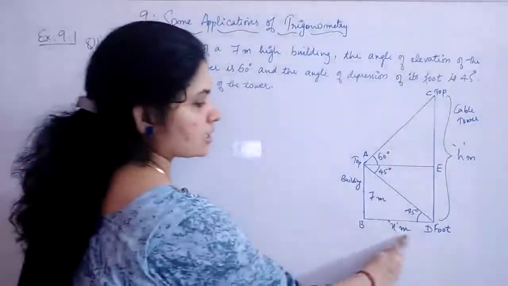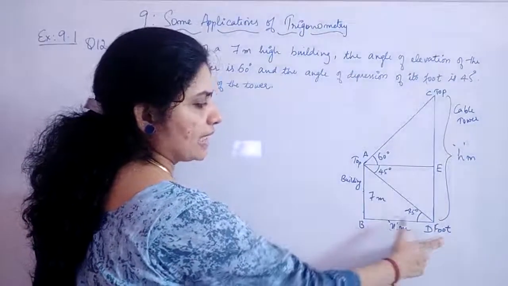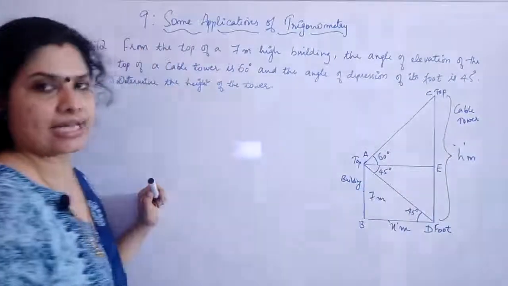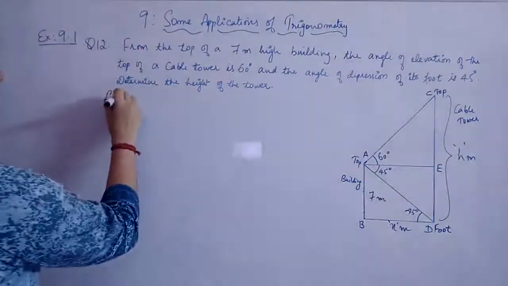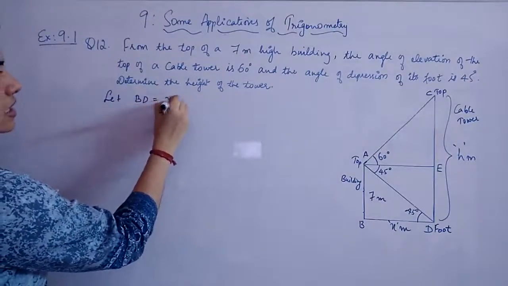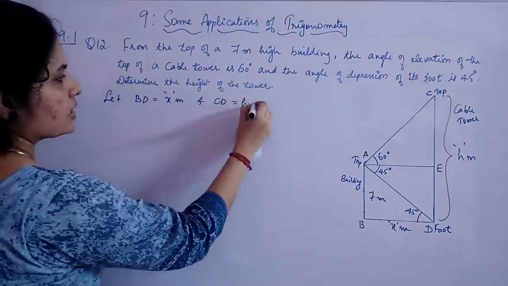Let BD, the distance between the building and the cable tower, be x meters, and let CD be h meters.